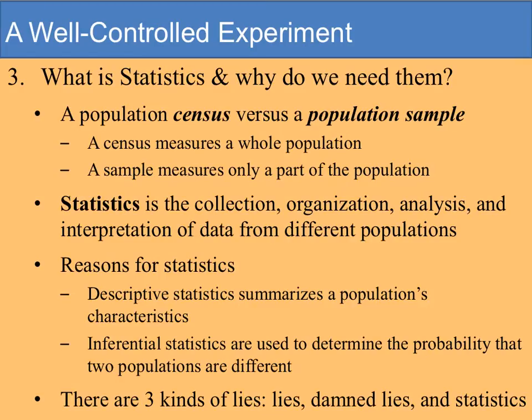Okay. This is something I kind of added. Statistics, population. Now, a population census is different than a population sample. In statistics, the operative word here is population. Doesn't matter if it's a population of people, of animals, of plants, of widgets. Let's say you've got a manufacturing plant, and they're producing these gadgets, right?